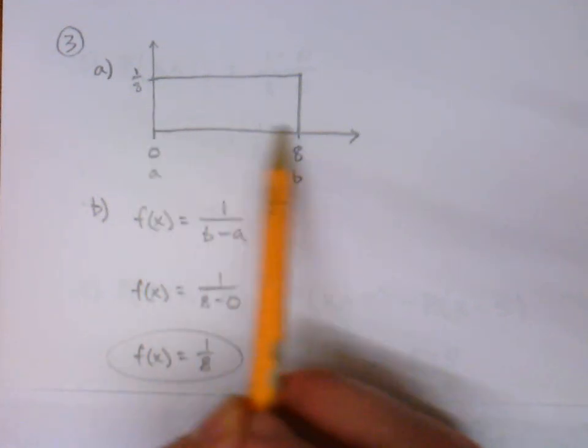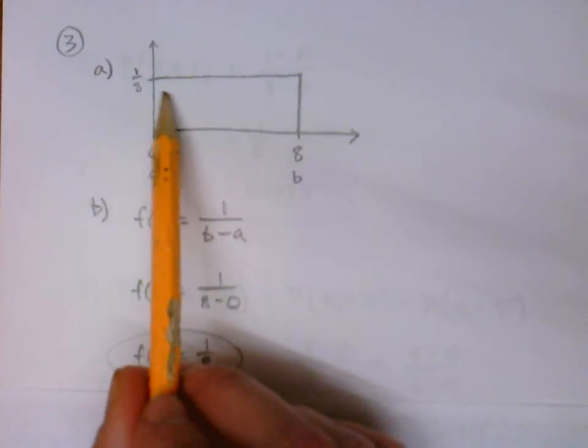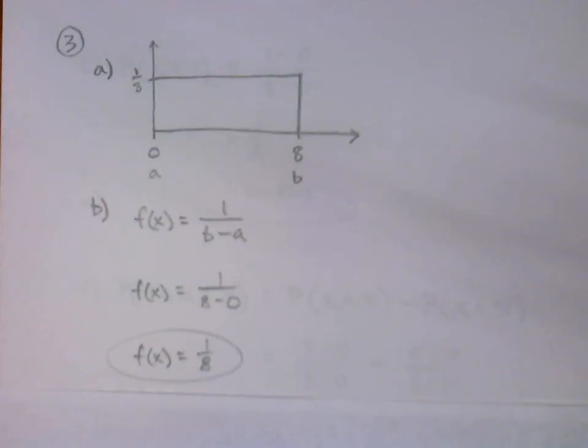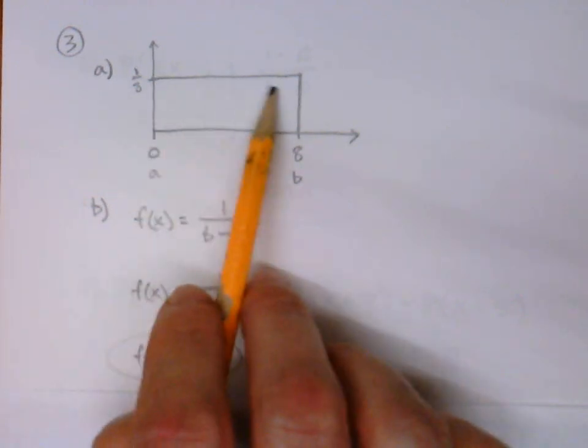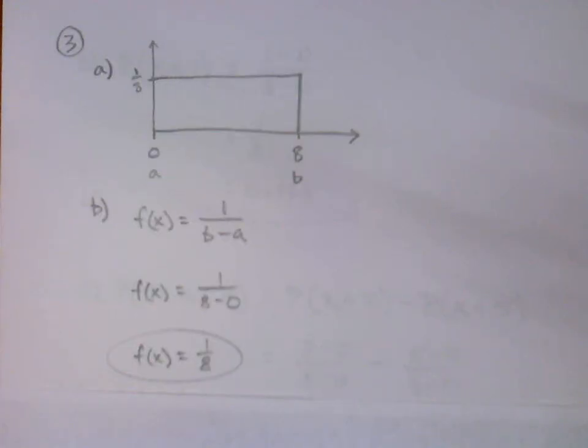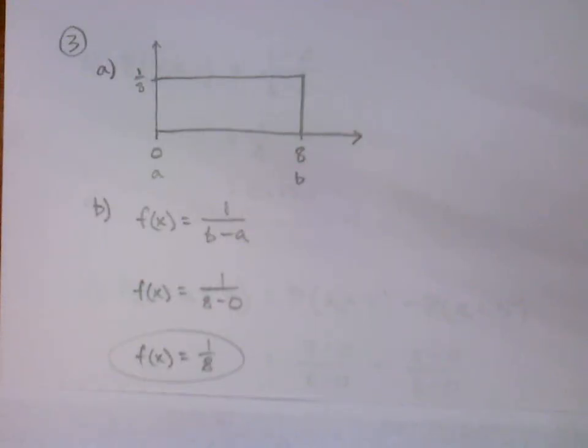Well, 1/8 times 8, that area would be 1, which represents 100% of the data. I think that was mentioned back at the very beginning of the lecture, that the area underneath your f of x is always equal to exactly 1 when you add all of it together. So when we take little bits of area, that's always something smaller than 1. That's a probability.